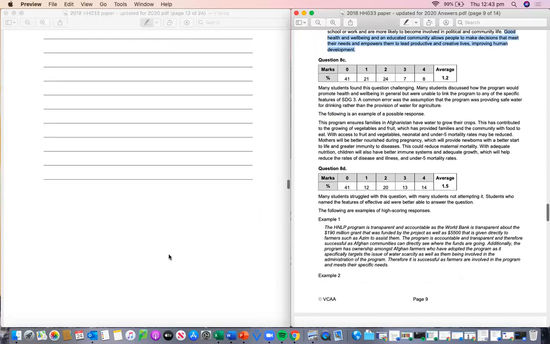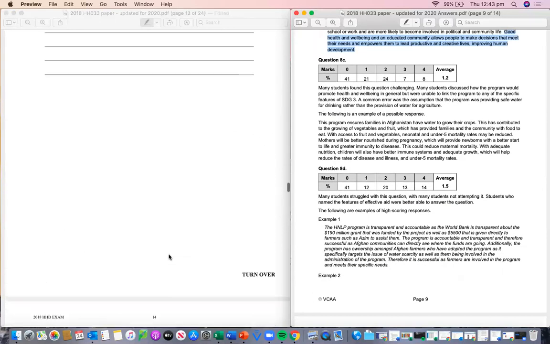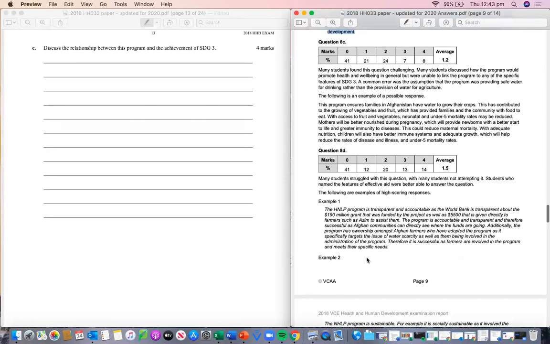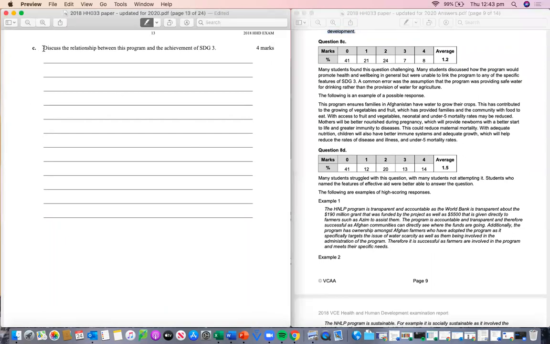Question 8C. Now, I believe the reason why 8A was missing is because it's been revised. So for 8C, out of 4 marks, it's asking you to discuss the relationship between this program and achieving SDG 3.